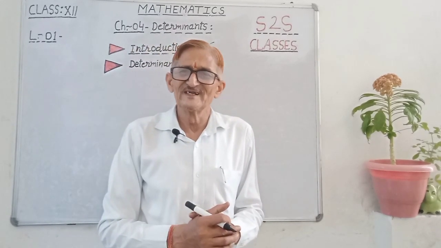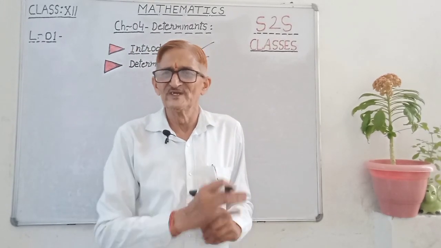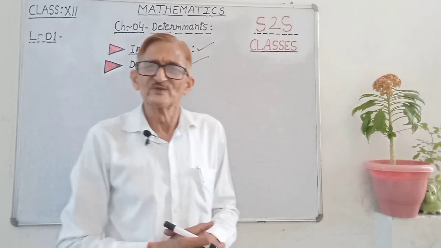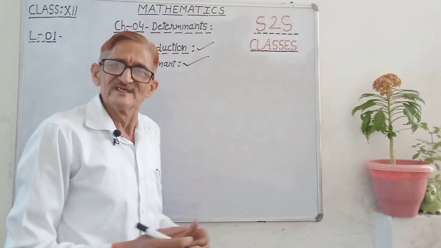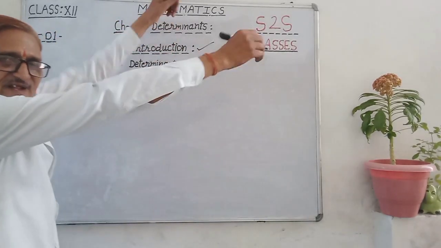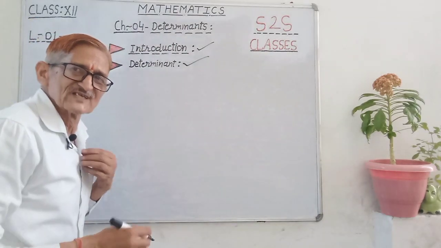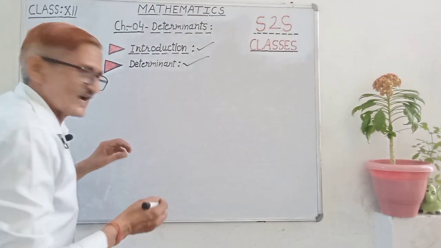So if the maximum elements are 0 in some row or column, you can expand along that to make it easy. Okay, now minus 1 power i plus j I will do directly.